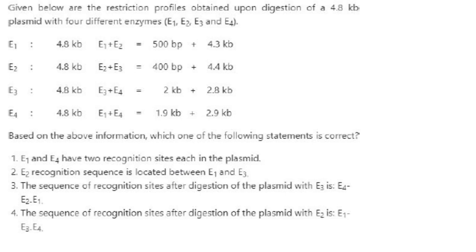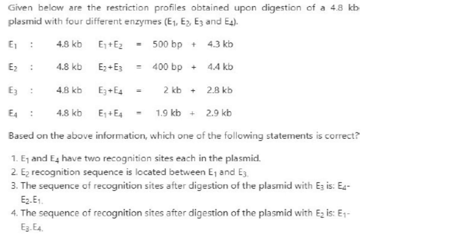The next one. Given below are the restriction profiles obtained upon digestion of a 4.8 kb plasmid with 4 different enzymes E1, E2, E3, E4. So E1 4.8 kb, E1 plus E2 500 base pair plus 4.3 kb.